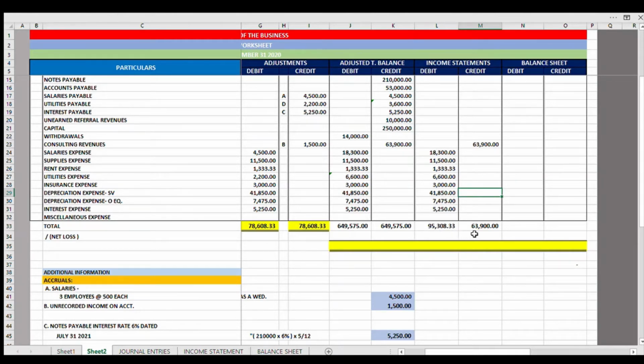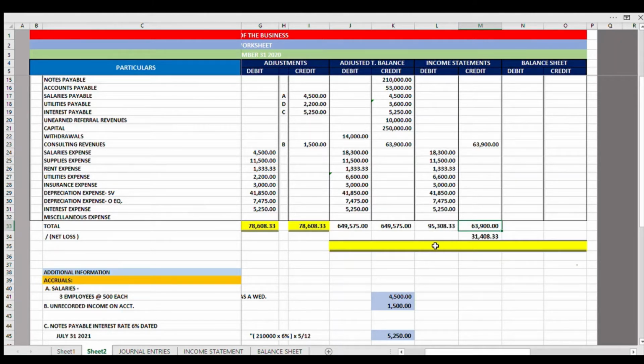So it is very clear to us that the credit is less than the debit. So there is a difference of 31,408.33, which we can surely say is a net loss, because the credit, which represents the income account, is less than the total of the debit.